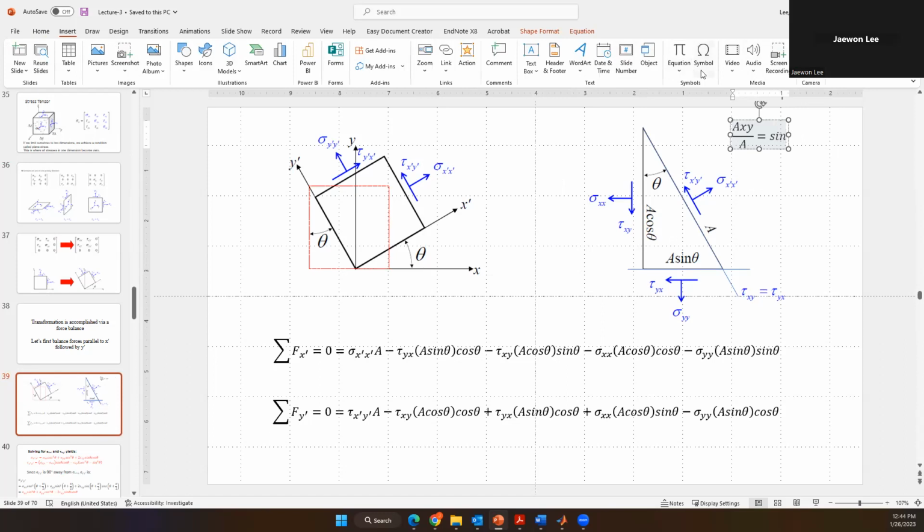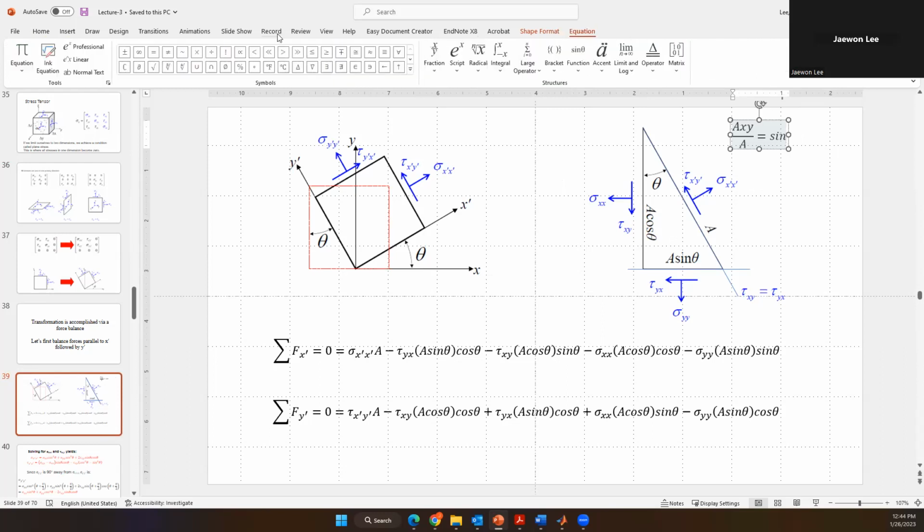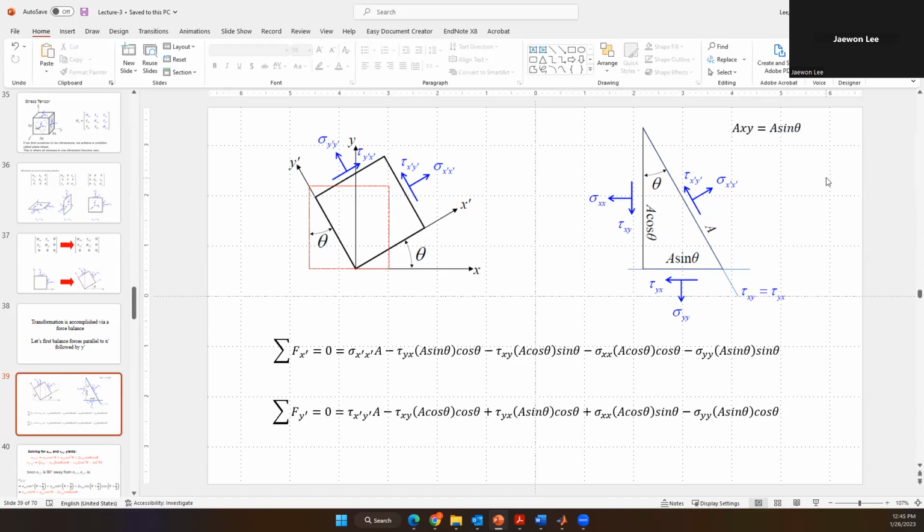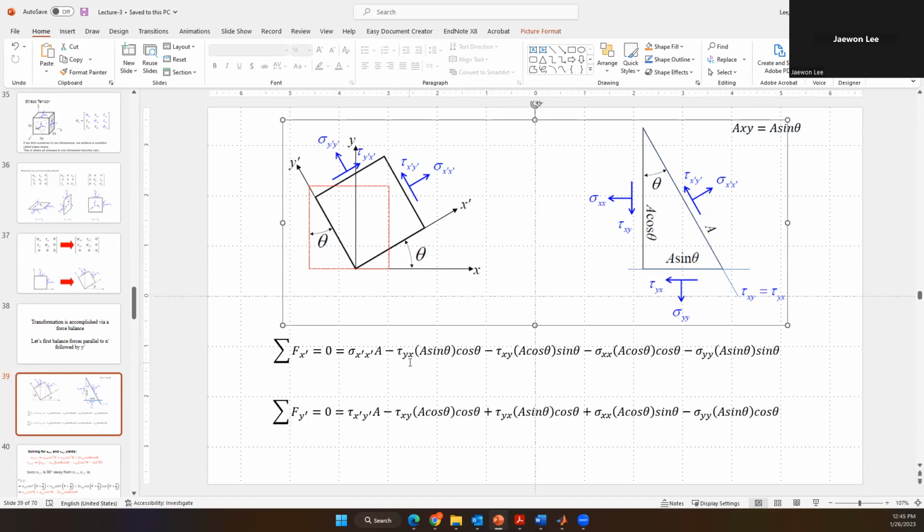So we can rewrite it like that. So for tau yx, the area A is A sine theta. And then we can focus on the force.